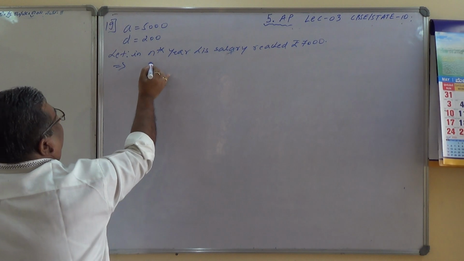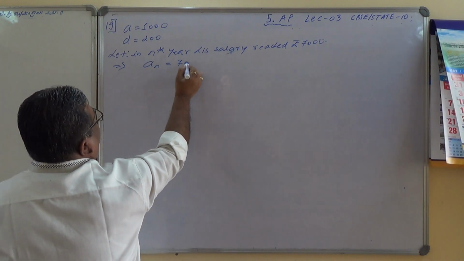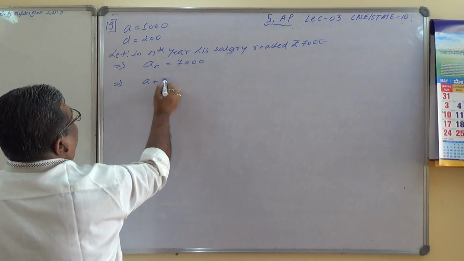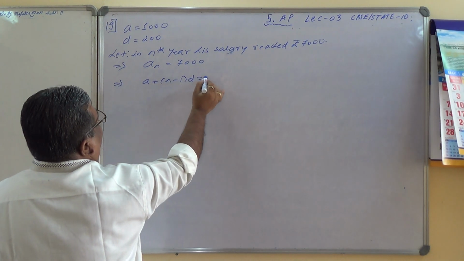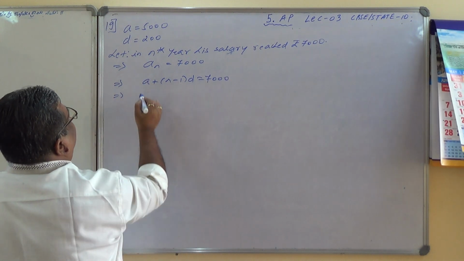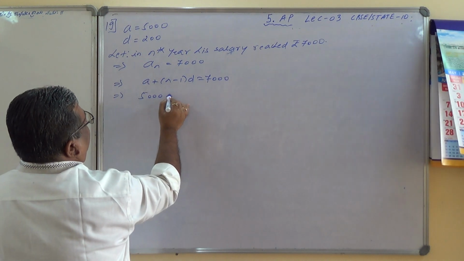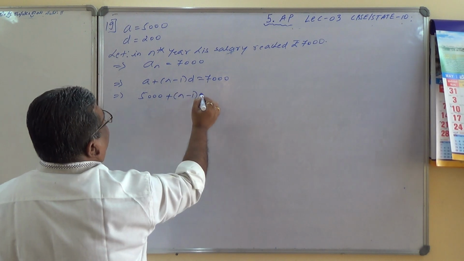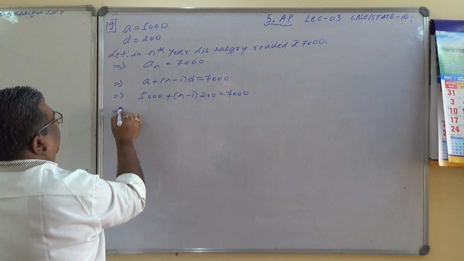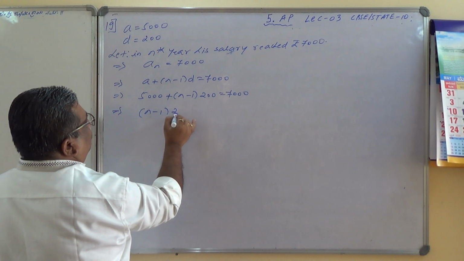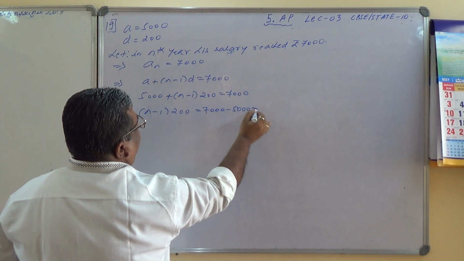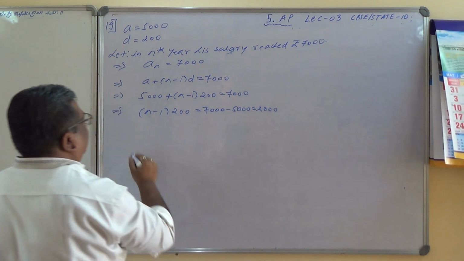Nth year means an equals 7,000, implies a plus n minus 1 into d equals 7,000. A is 5,000 plus n minus 1, d is 200, equals 7,000. n minus 1 times 200 equals 7,000 minus 5,000, which is 2,000.